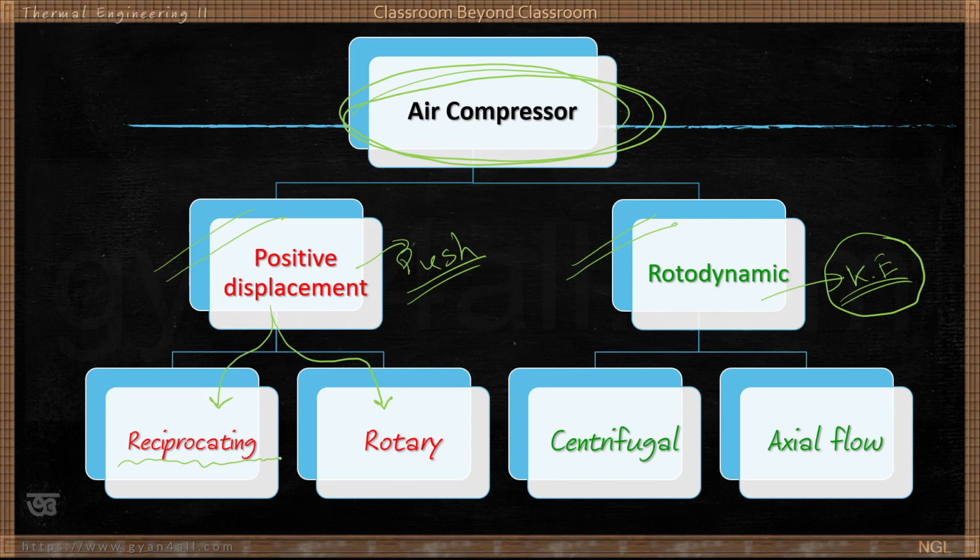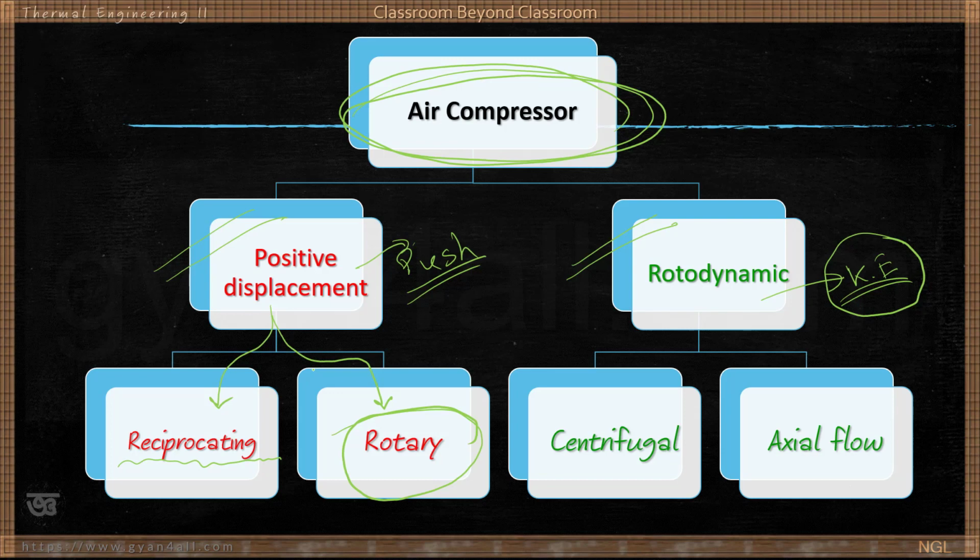One is the reciprocating air compressor. This principle is like an IC engine, reciprocating, to and fro. A slider crank mechanism is used in reciprocating. And in the rotary air compressor with positive displacement, generally helical screws are used. Two matching screws are used to compress the air, and you may have seen this principle in a mustard oil scraping machine, where two helical screws are used.